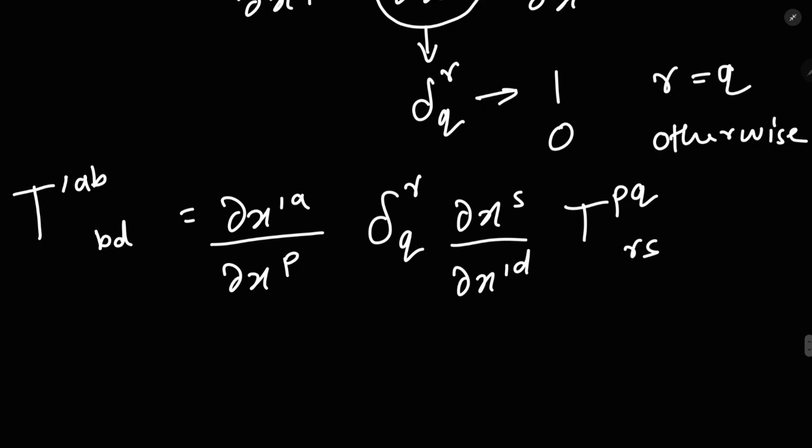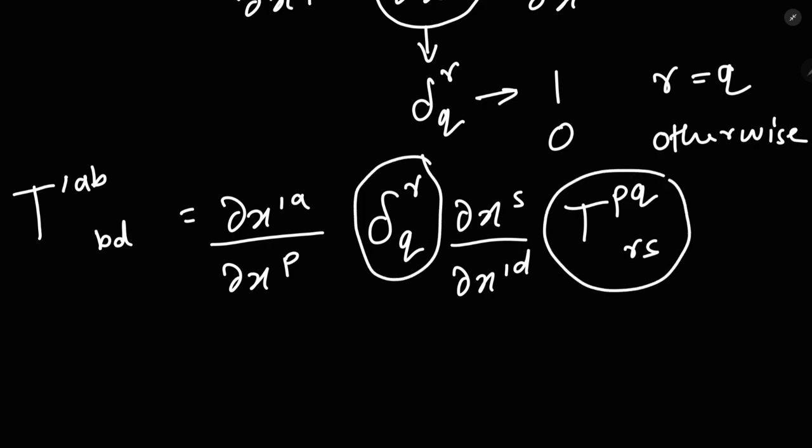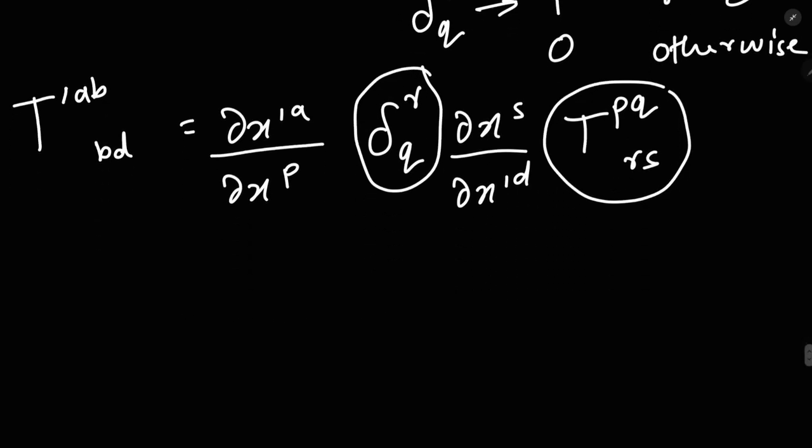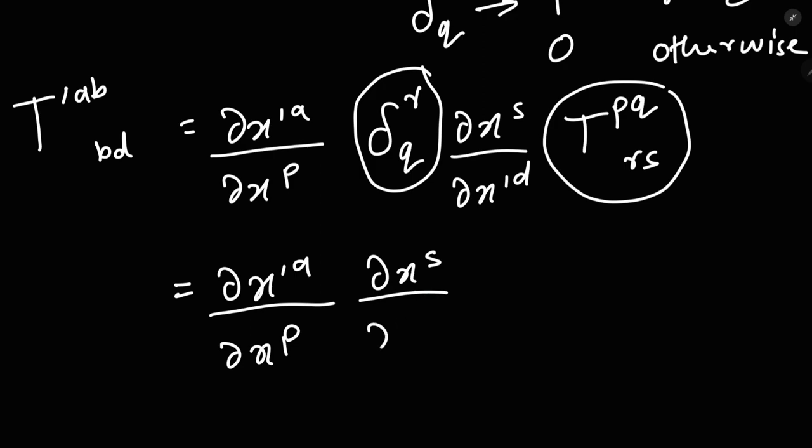Okay, now multiplying this with this will give us T^{PQ}_{QS}, because if R is not equal to Q, then this whole term will be 0. So the product of these two circled terms will be del x' A upon del x P, del x S upon del x' D. So the product of them will be T^{PQ}_{QS}.